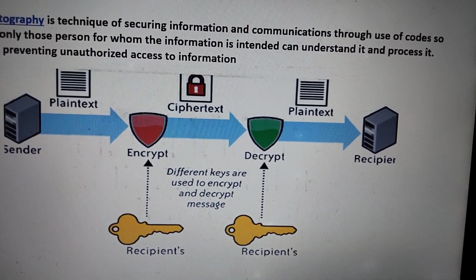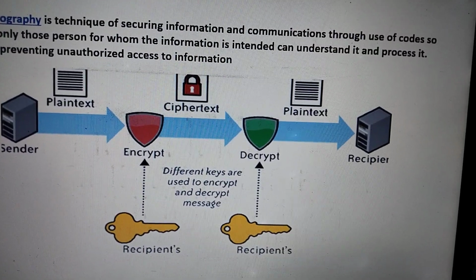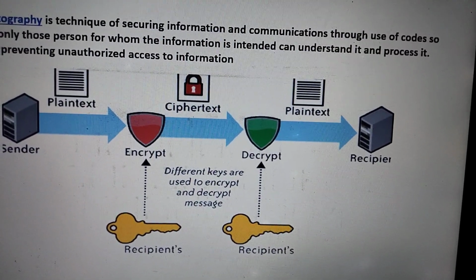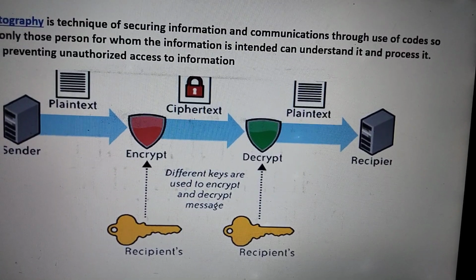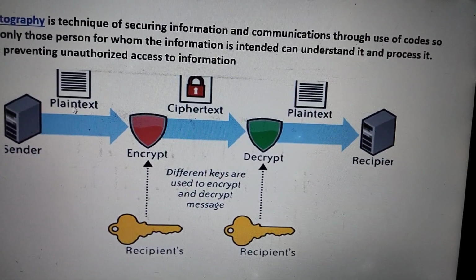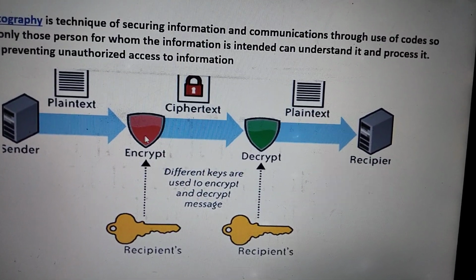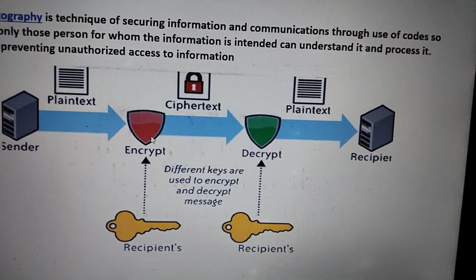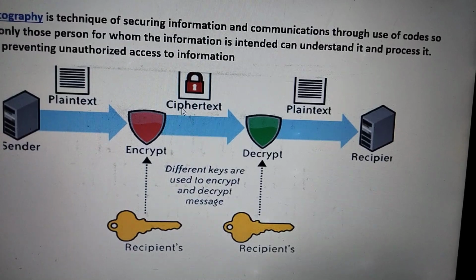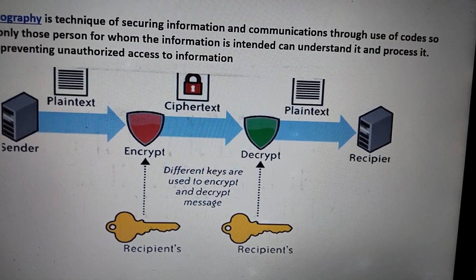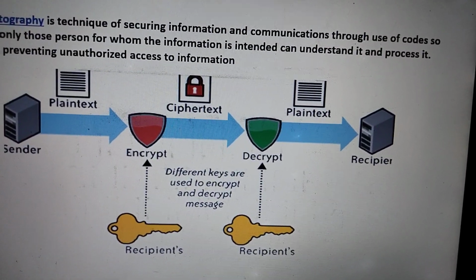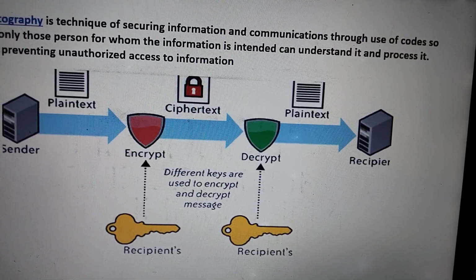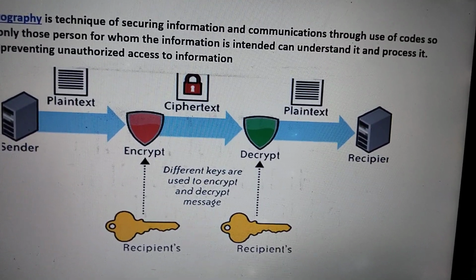Here we are discussing the security of our information. Encryption is done on the sender side. After getting the plain text, the sender performs the encryption, using certain keys, and it is converted into ciphertext. Ciphertext is an unreadable format.